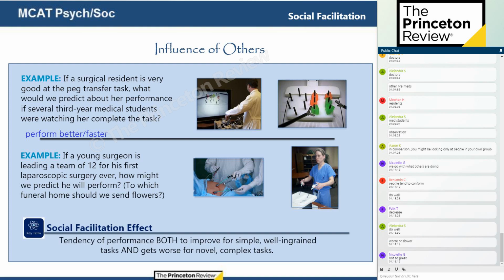Okay. This is what's known as social facilitation, the social facilitation effect, right?